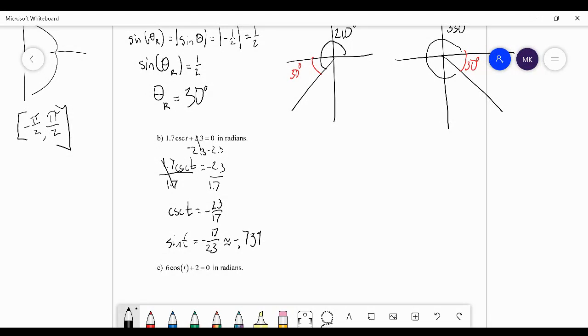So, how do I work with this? To find our reference angle, t sub r, we're in radians.